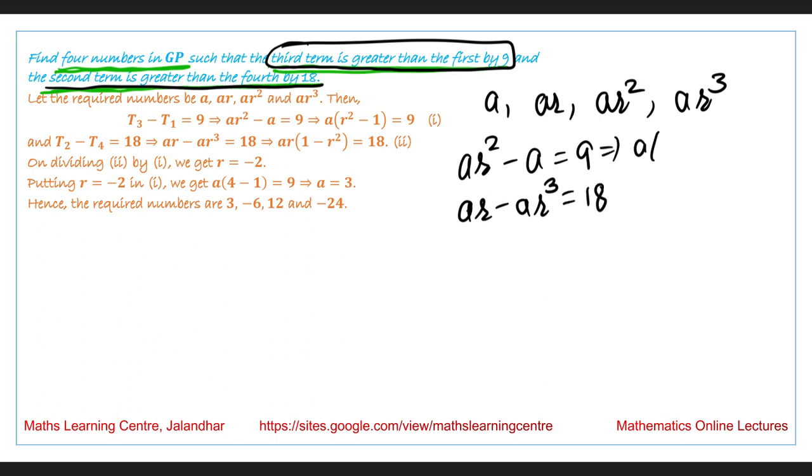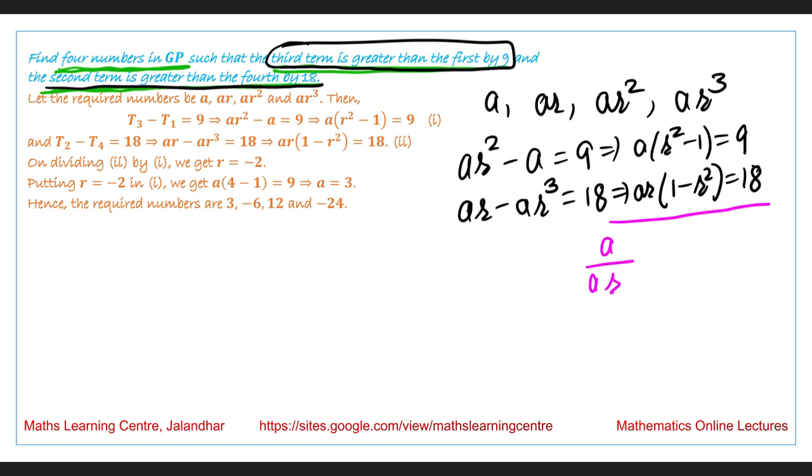This implies a(r² − 1) = 9 and ar(1 − r²) = 18. Now if we divide both these equations, we obtain 1/r = −1/2, a gets cancelled, and we get r = −2.